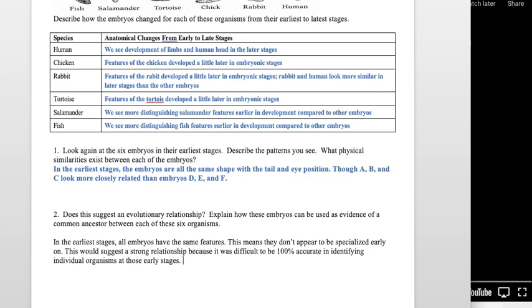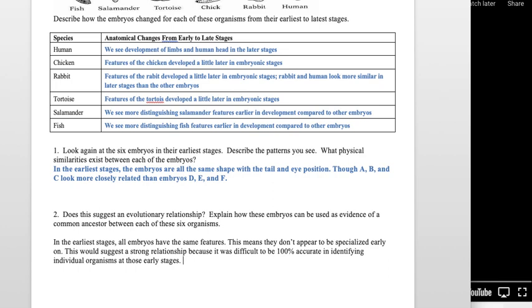Now, if you have an additional explanation, again, that's valid. But that is just something that I would say in the earliest stages, all of these embryos have the same features, that same eyelet, the same shape of the head, the same shape of the tail. They don't appear to be specialized. It doesn't appear that there's any differences early on.